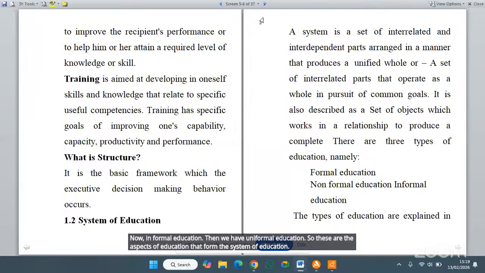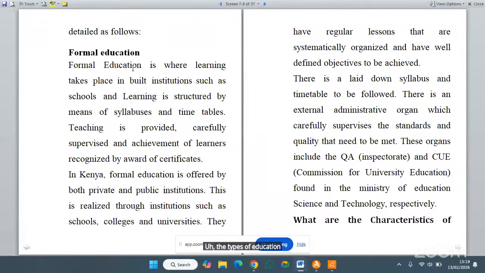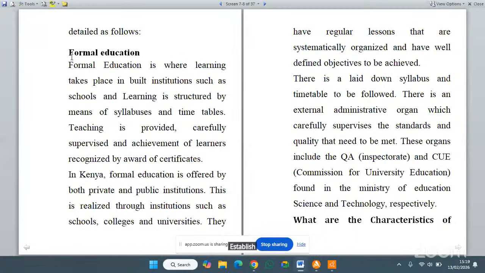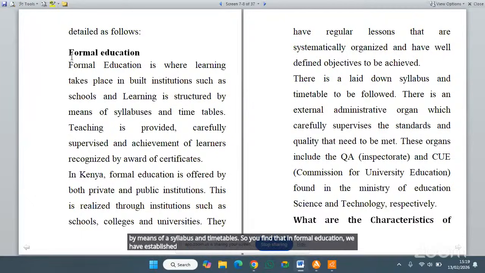The types of education can be explained in detail, beginning with formal education. Formal education is where learning takes place in established institutions like schools. Learning is structured by means of a syllabus and timetables. So in formal education, we have established institutions of learning.